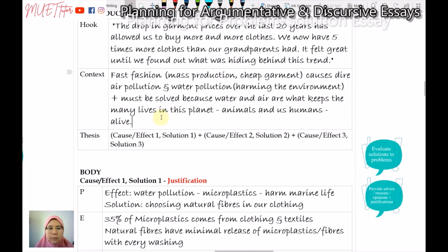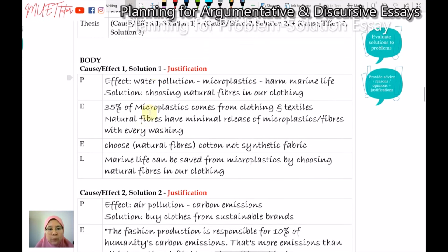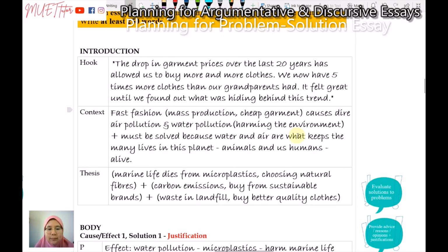Then the thesis, we get from the piece below. And of course, I have rephrased a little in the thesis. And that's our introduction.